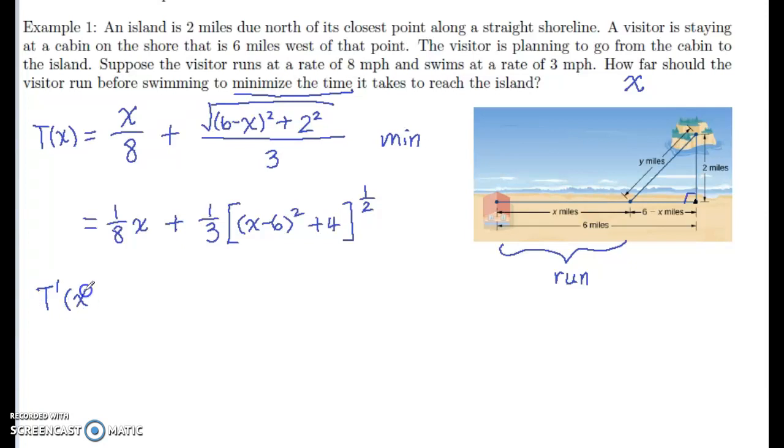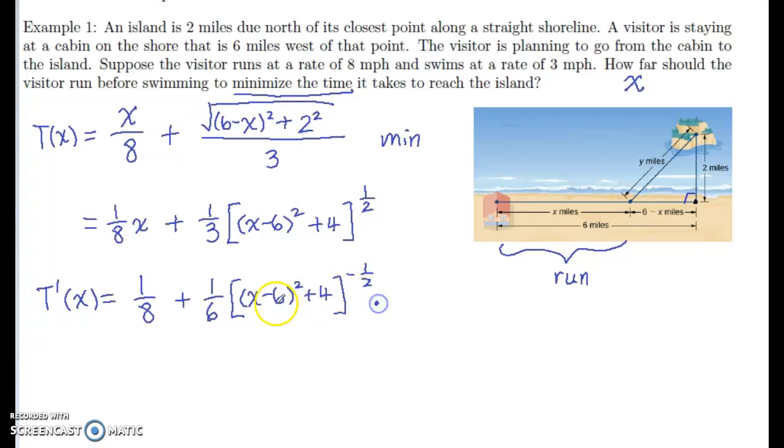T prime of x equals 1/8 as the derivative of (1/8)x, plus we use the power rule, so 1/3 multiplied by 1/2, we get 1/6, times (x minus 6) squared plus 4, power reduced by 1, so it's negative 1/2.